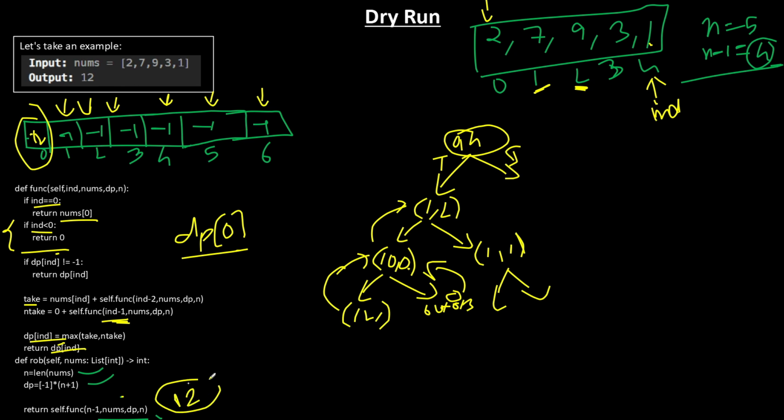I will request you to do the complete dry run by yourself, because the video will become very long if I do this dry run. But I think you have understood how the dry run will go ahead. We have already done the recursion part, so it's just the same. You just have to update the DP value in this scenario.